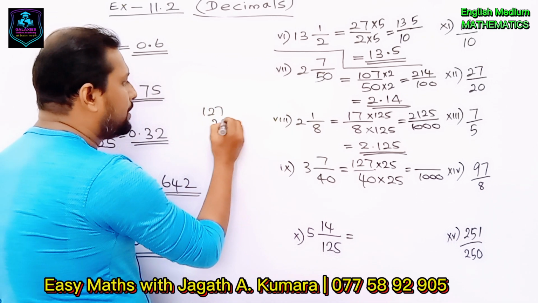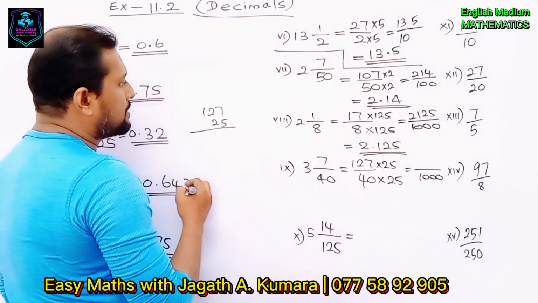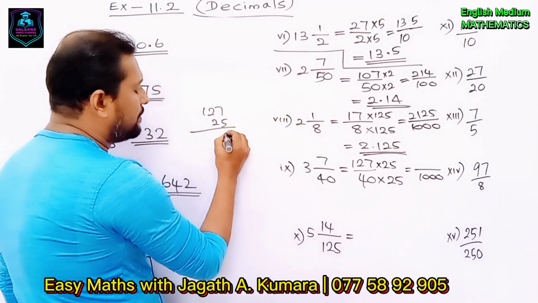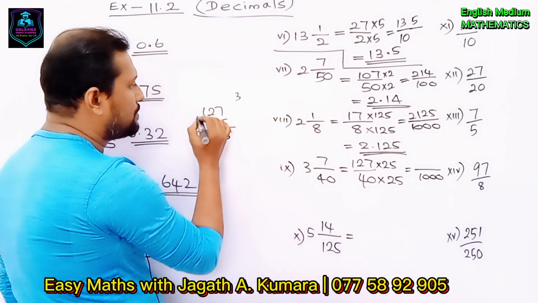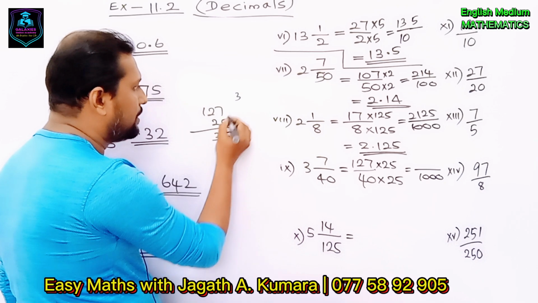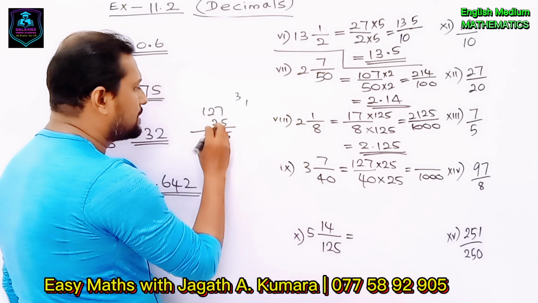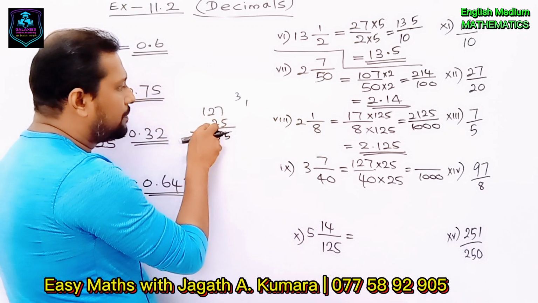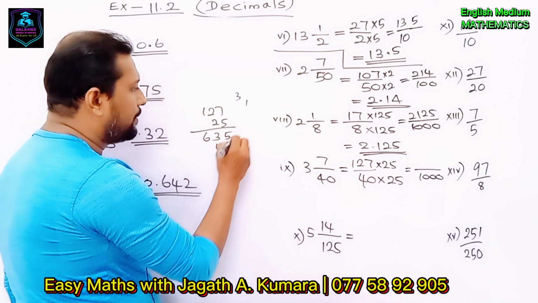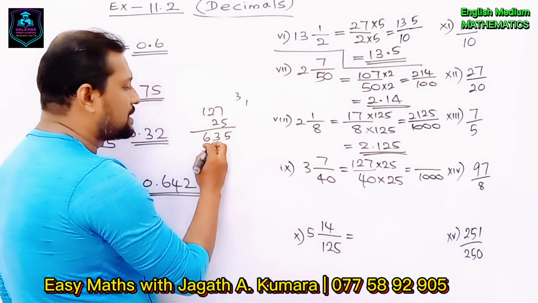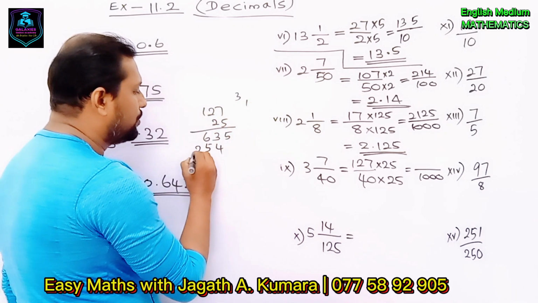127 multiplied by 25. Right, now check the answer. 5 times 7, 35, remaining 3. 5 times 2, 10, plus 3, 13, remaining 1. 5 times 1, 5, 5 plus 1, 6. Then also you multiply by 20: 2 times 7, 14, remaining 1. 2 times 2, 4, 4 plus 1, 5. 2 times 1, 2.